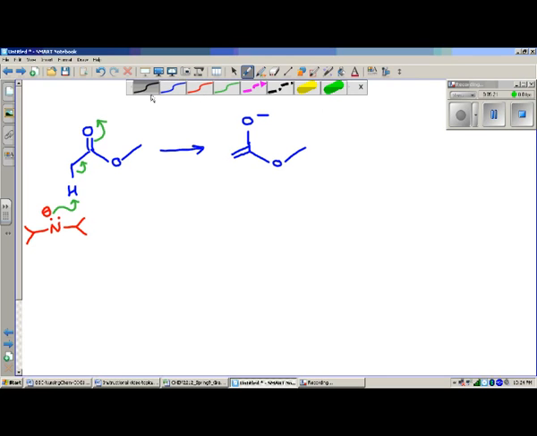And then, after we've done that, this was essentially step one so far. Then in the second step, we just take the methyl iodide, or whatever alkylating agent we're using, and we just do exactly what we did before. The O- from the enolate reforms the carbonyl group.